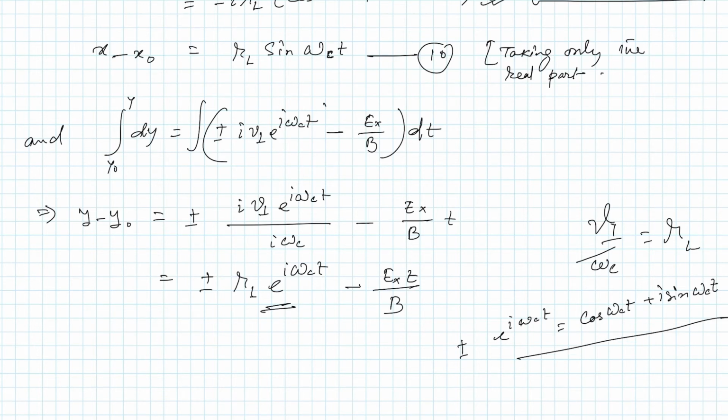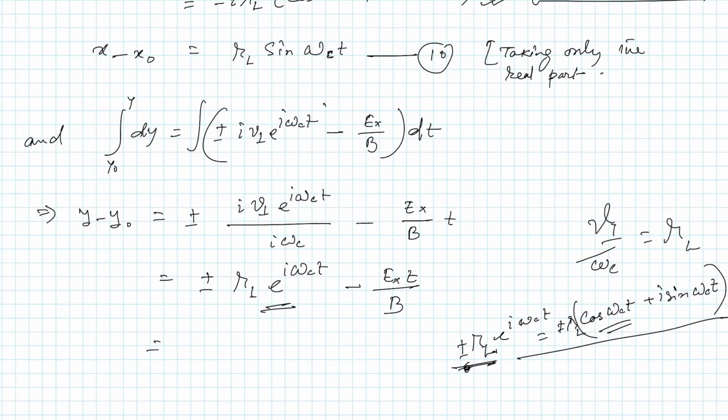If you have here plus minus RL only, if there is no i in this part, then we will get here RL plus minus, into this. Then this part will be the real part in this case.